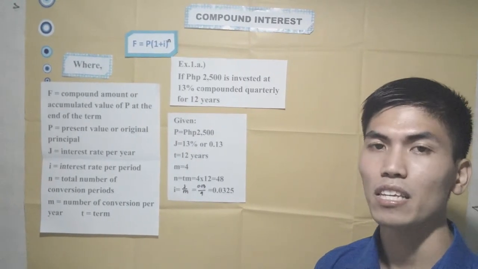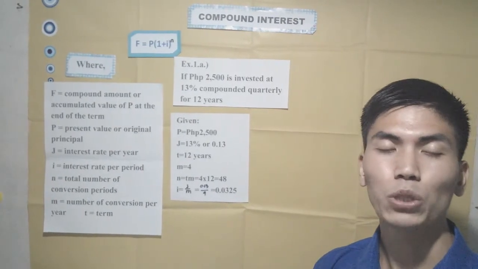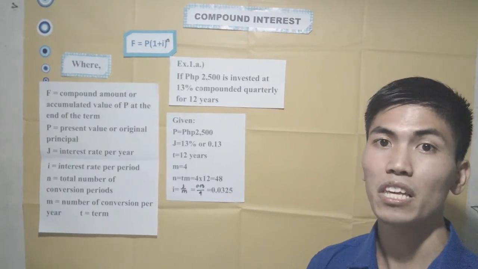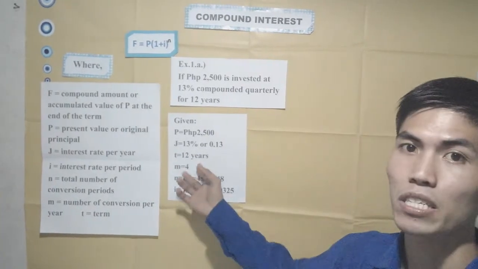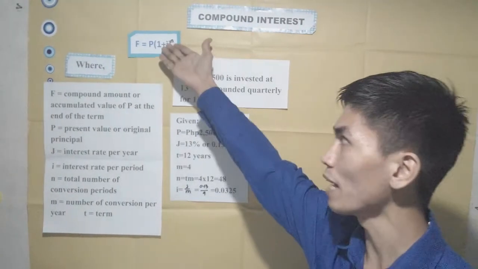And i is equal to j over m, which is 0.13 divided by 4, equal to 0.0325.